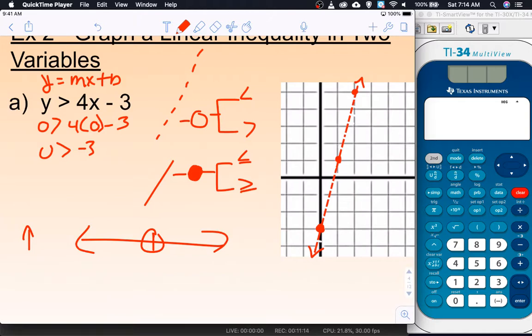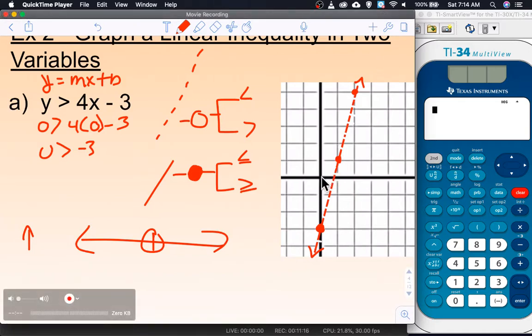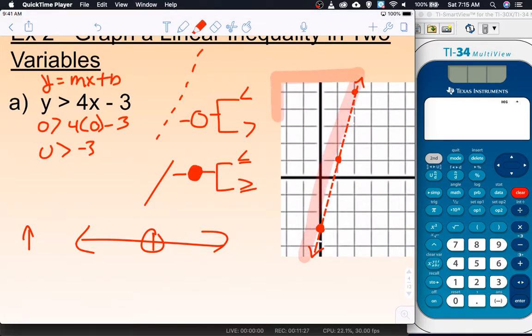Yes, 0 is bigger than -3, which means this is a solution. And in fact, everything on this side of the line will be a solution. So my shade is this. So instead of shading on a number line, we are shading half of a graph, half of a coordinate plane.